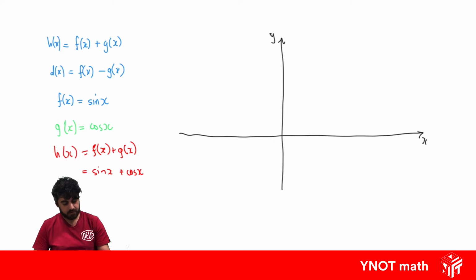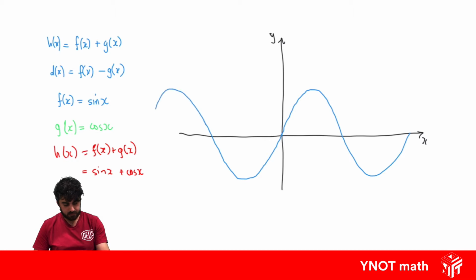So let's graph sine x first, starting at 0. So it's sine x. Let's go ahead and graph cos x.